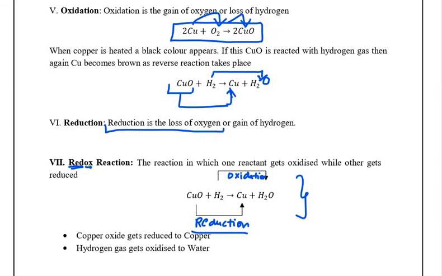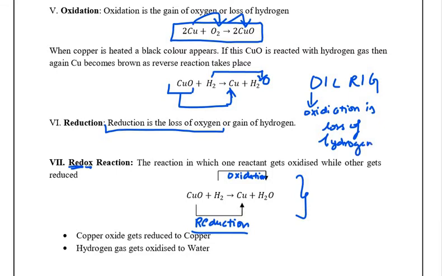Now I will tell you one cheat code for the same. It is OIL RIG. That means oxidation is loss of hydrogen. Now reduction is gain of hydrogen. Remember, it is gain of hydrogen.